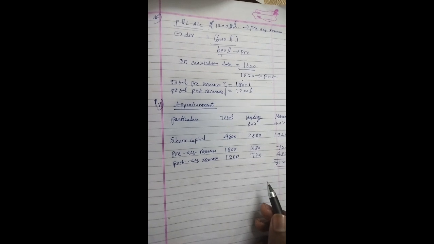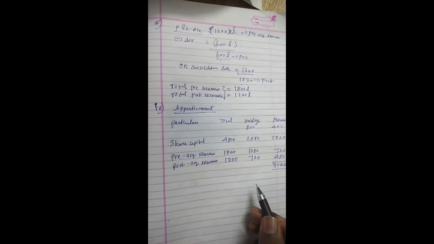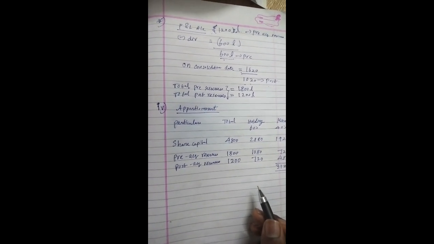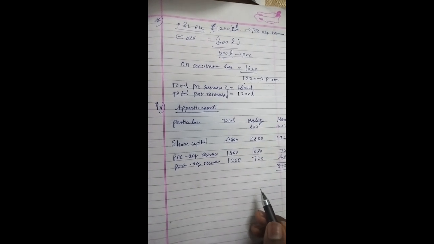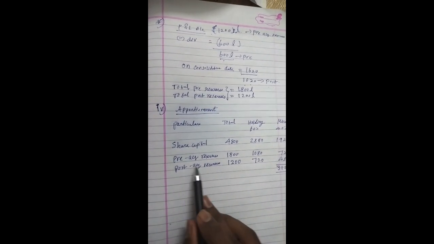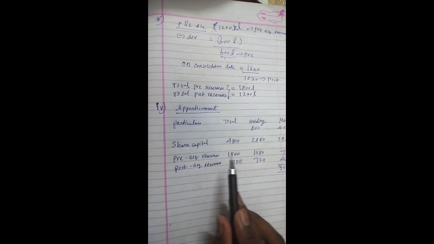For cost of control, net asset is what? Share capital plus pre-acquisition reserve. Why pre-acquisition reserve? Because for cost of control, net asset is on the date of acquisition. On the date of acquisition, there will not be post-acquisition reserve. So pre-acquisition reserve will be taken.